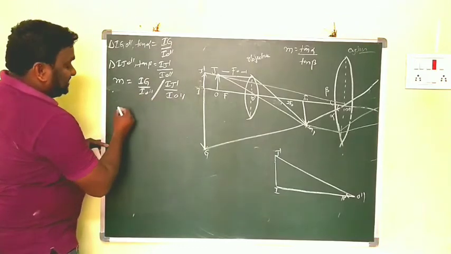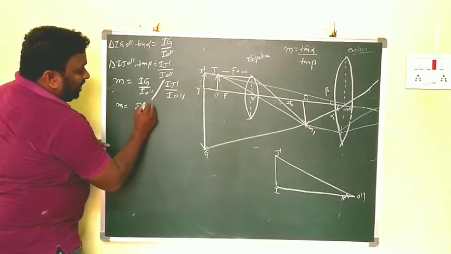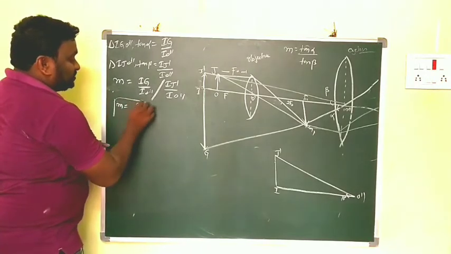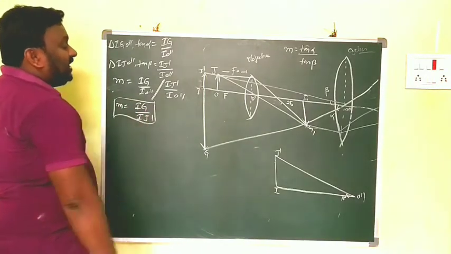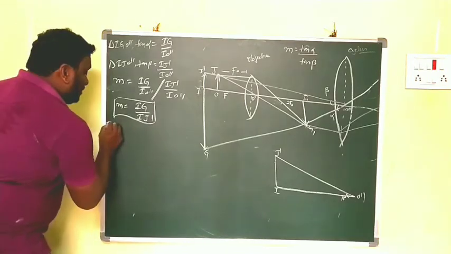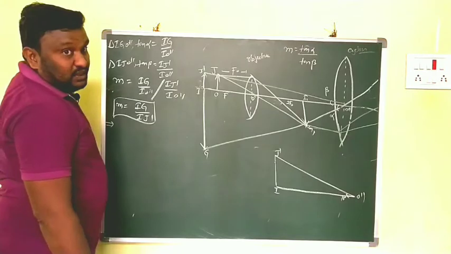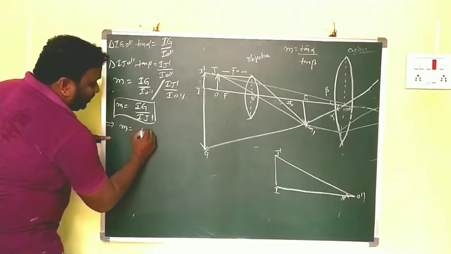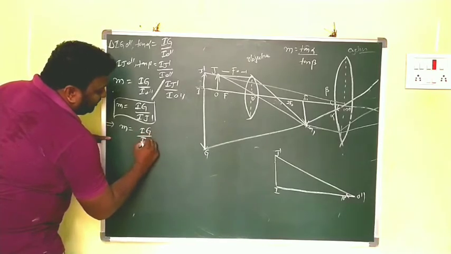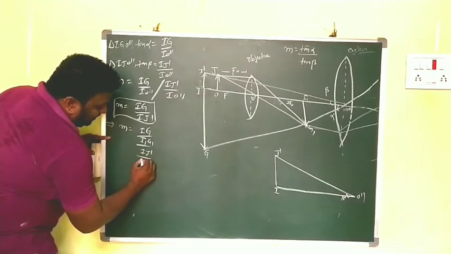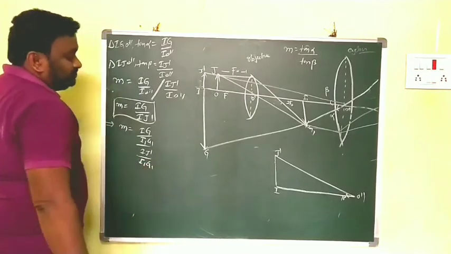These two cancel, and we get M equals IG by IJ dash. For our convenience in the derivation, we multiply the numerator and denominator by I1 G1 and IJ dash by I1 G1. Clear?